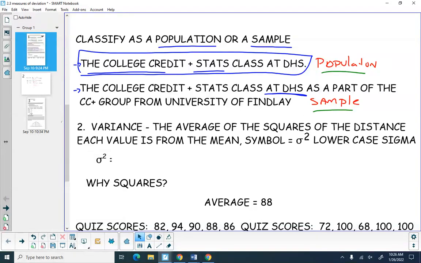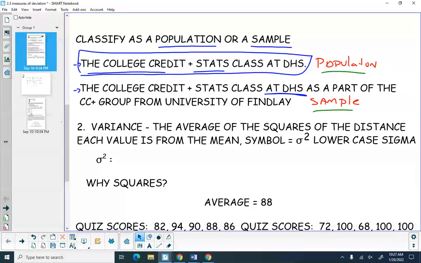The variance is the average of the squares of the distance each value is from the mean.